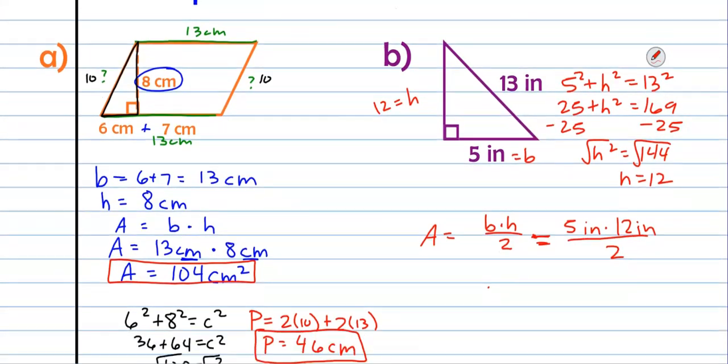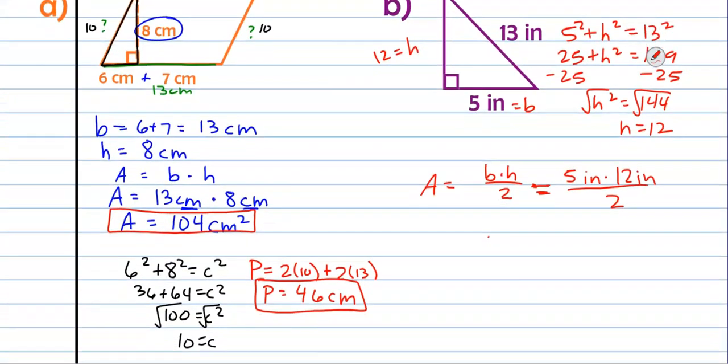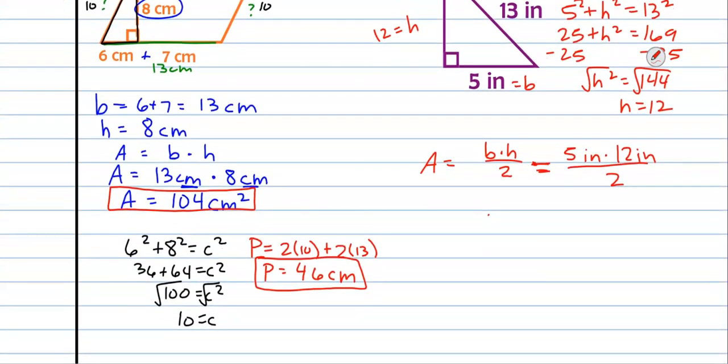And then 5 times 12 is 60 inches squared divided by 2, which is 30 square inches. So that's our area. Area is 30 square inches.